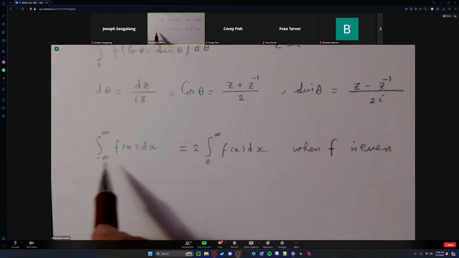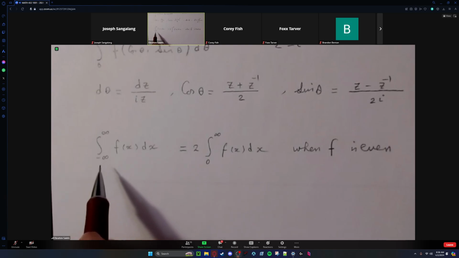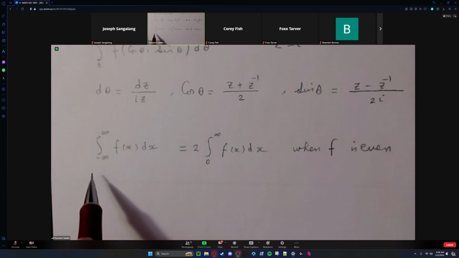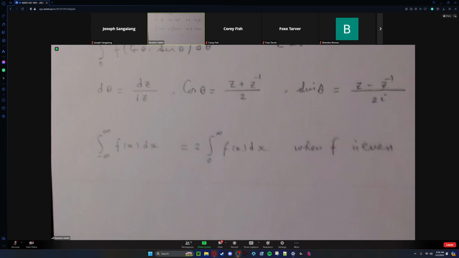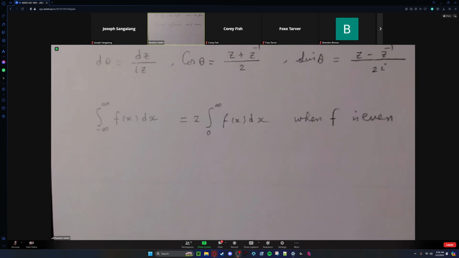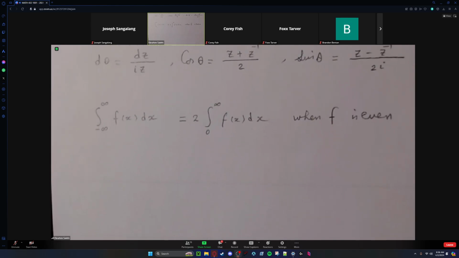Now, we will convert this to a complex integration, all right, over this contour. So in this case, the contour that we consider would be the semicircle.